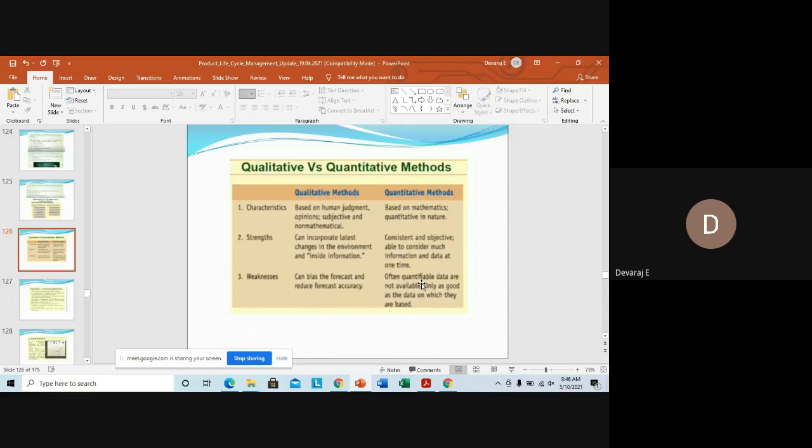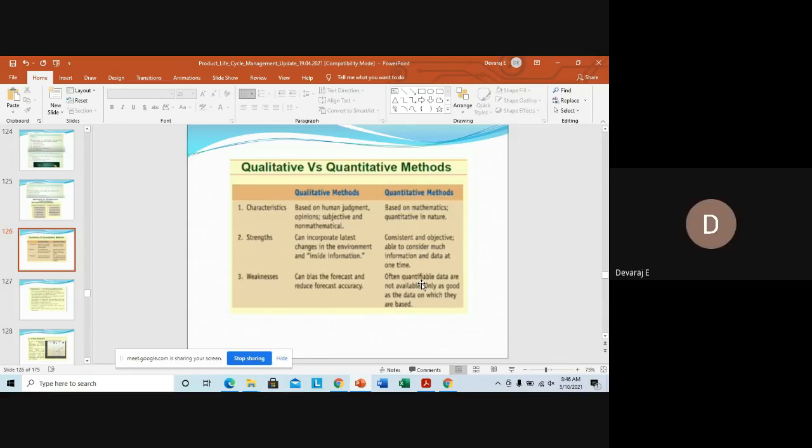So depending upon their experience, they will tell immediately that you can go for manufacturing this product because it will be safe for this particular load. But in quantitative, they will solve the problem by mathematics, by equations, and finally they will tell that this structure will be safe. I think everyone has understood, right?